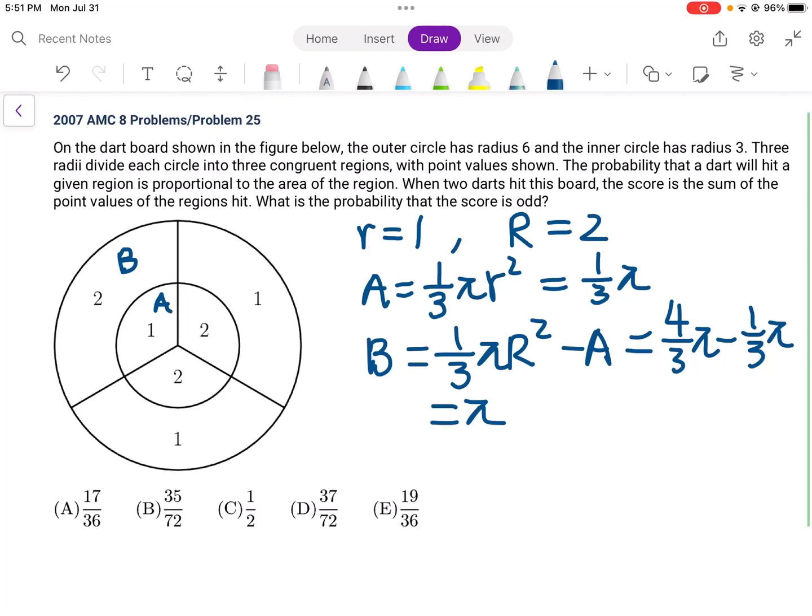Therefore, the ratio between B and A is pi over 1/3 pi, and that's 3/1. Therefore, to simplify this problem, we can just assume the 3 areas in the inner circle have area 1, and the 3 areas between the outer circle and the inner circle have area 3.